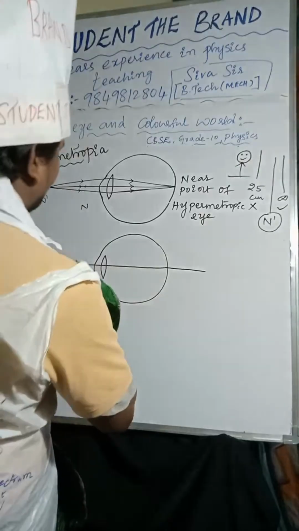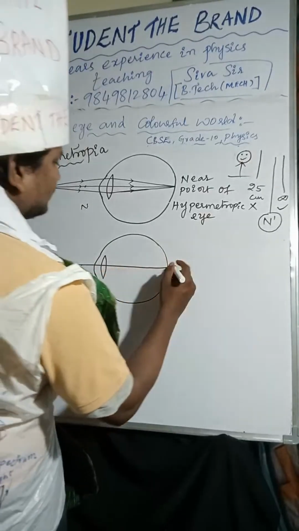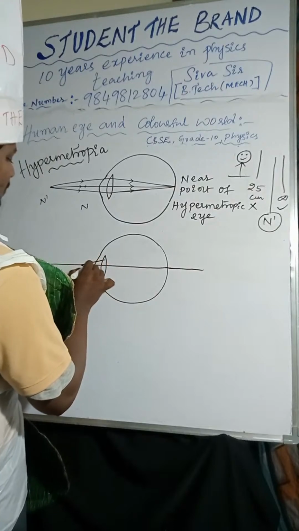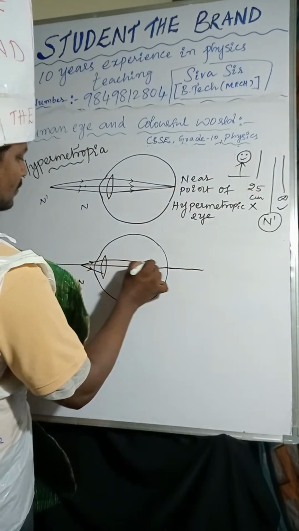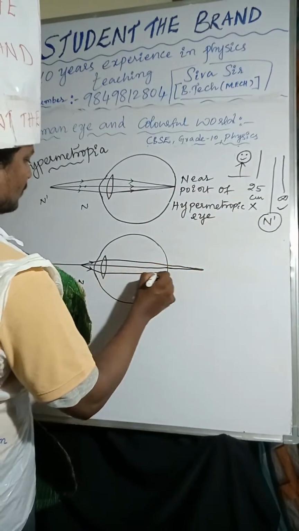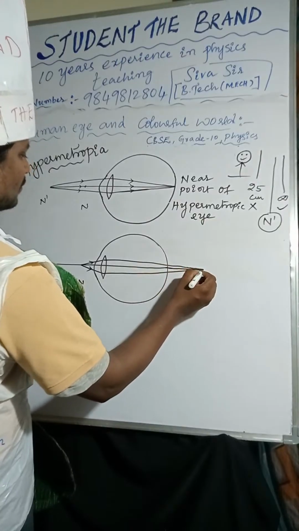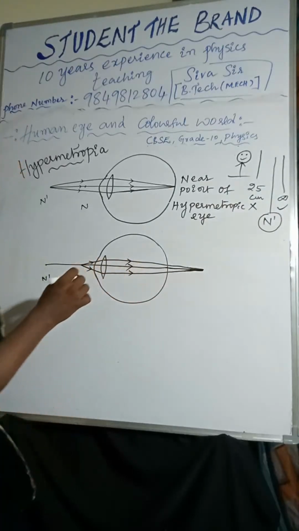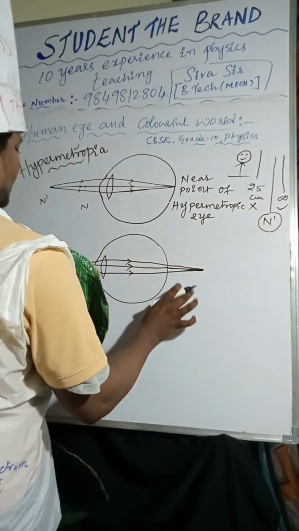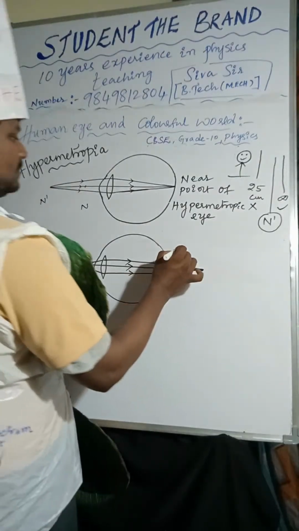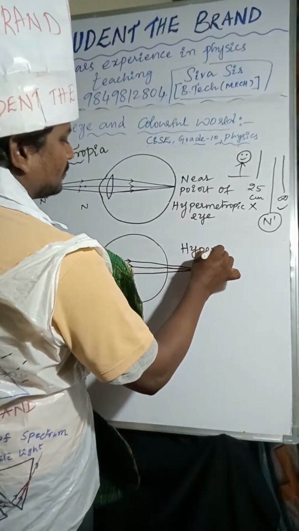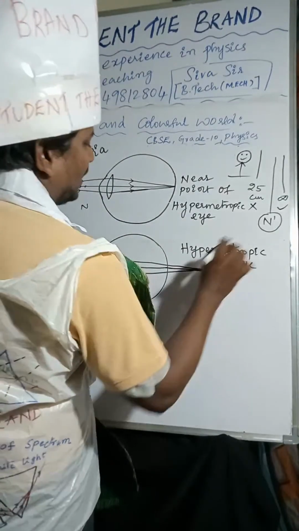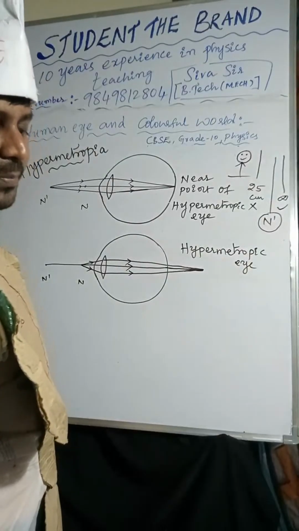Light rays will form beyond the retina. This is a hypermetropic eye.